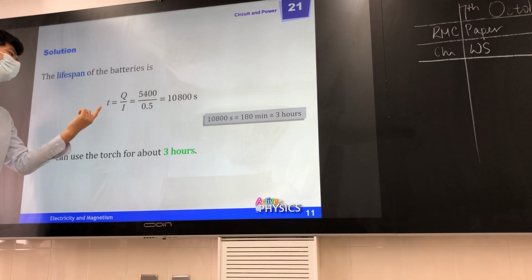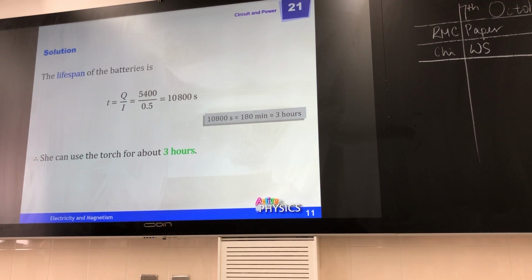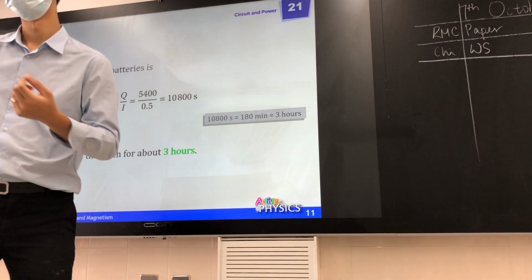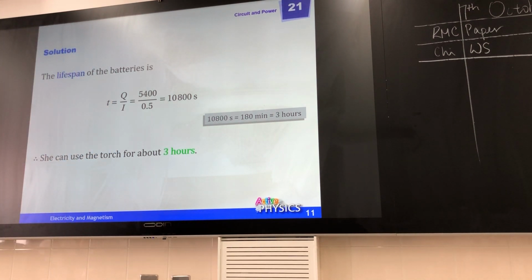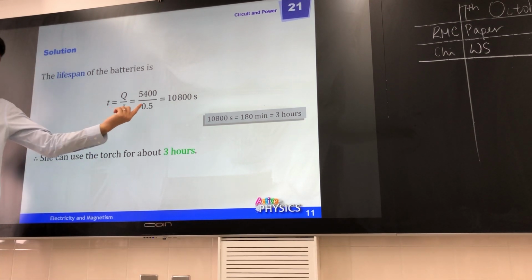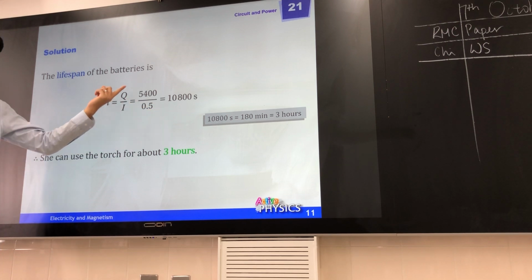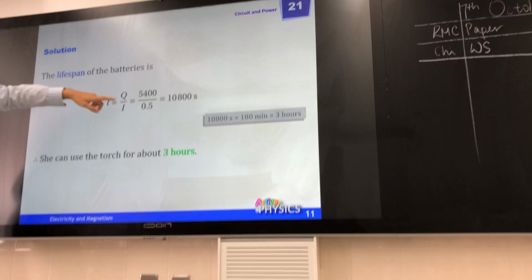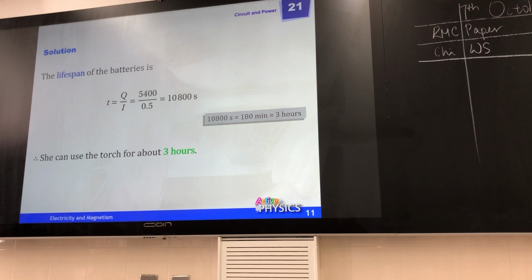Make sure you get that time equals to Q over I, the current. A is the unit of current. So it is 0.5 ampere, and you just divide, then you will find the time, which is 3 hours. That's the current equation.